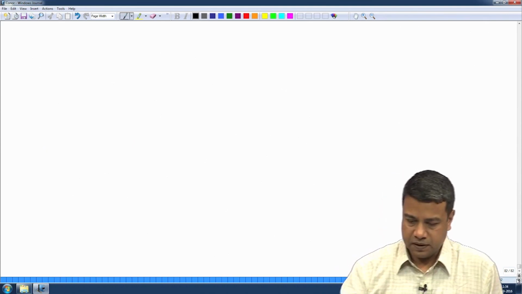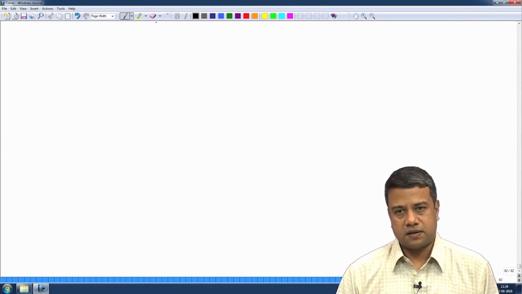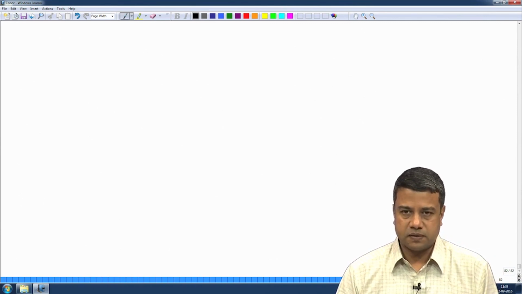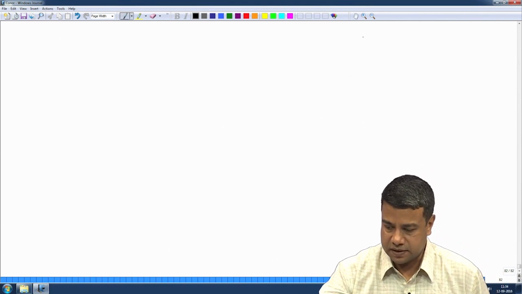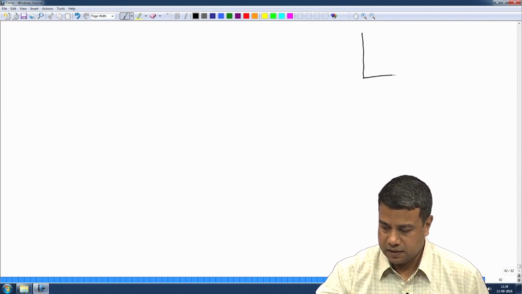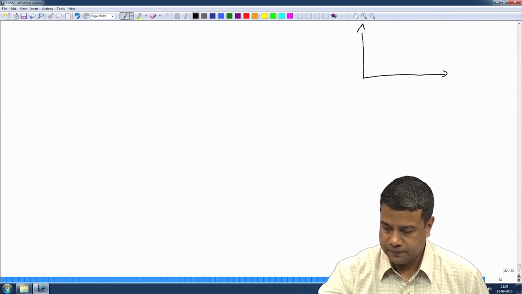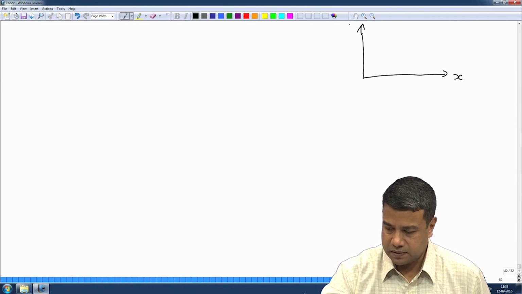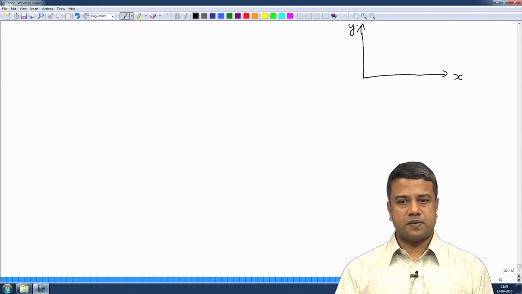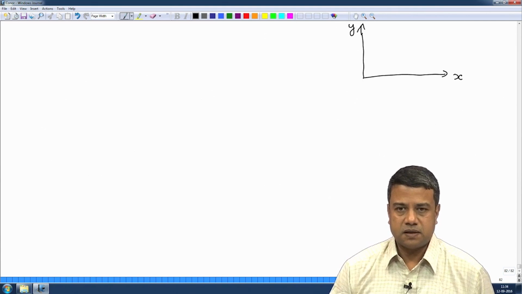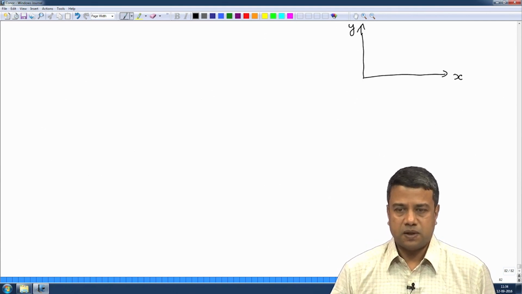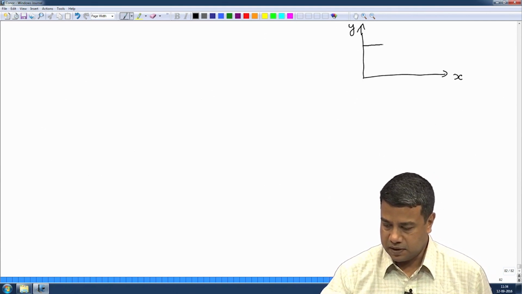Now, let us take first a Cartesian coordinate system. So, that is the simplest coordinate system that one can envisage. Okay. X, y. The simplest problem that one can consider is, for example, in 2 dimensions, the transport in a square or a rectangular block.